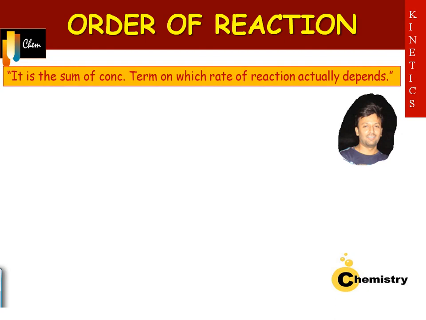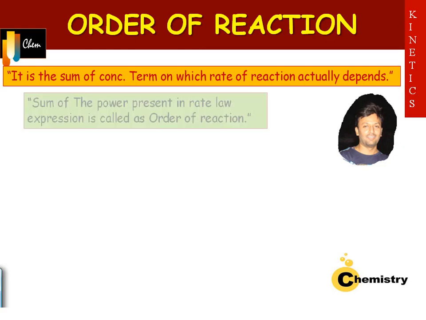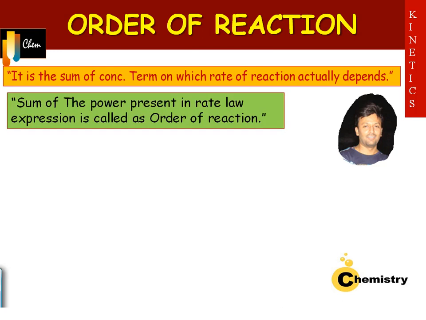Order of reaction. Order of reaction is the sum of concentration terms on which rate of reaction actually depends. Order of reaction can be found out only by rate law expression. So we can say the sum of the powers present in rate law expression is called order of reaction.